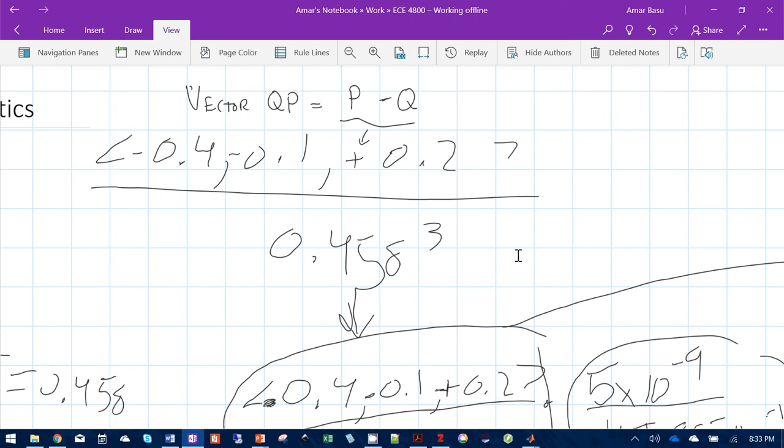And in the denominator we have the magnitude of PQ cubed. The way you find the magnitude is 0.4 squared plus 0.1 squared plus 0.2 squared, and the square root of that.